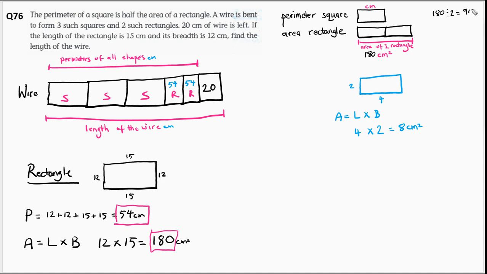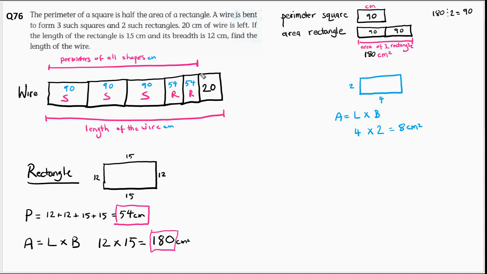So that's 90. So this is 90, this is 90, this is 90. Now this is 90 centimeters squared, this is 90 centimeters squared, this is 90 centimeters because that's the perimeter of the square. So we now have another value that we can plug into here. So this is 90, 90, and 90.